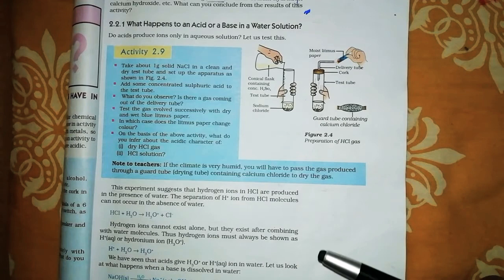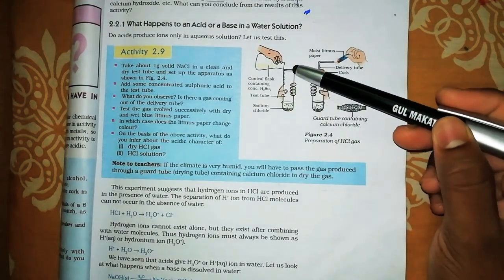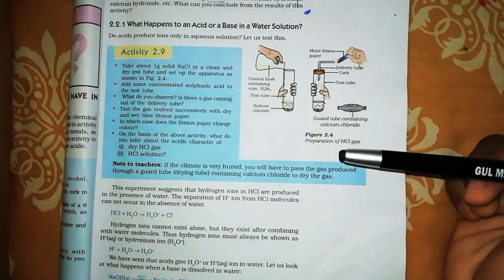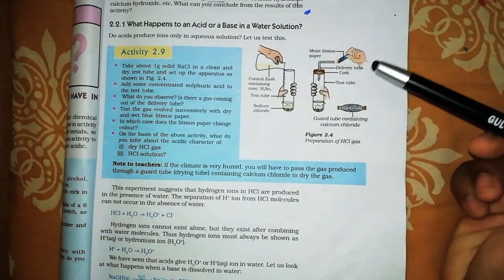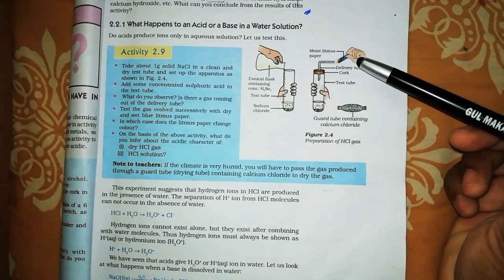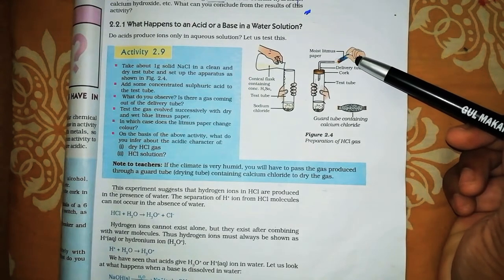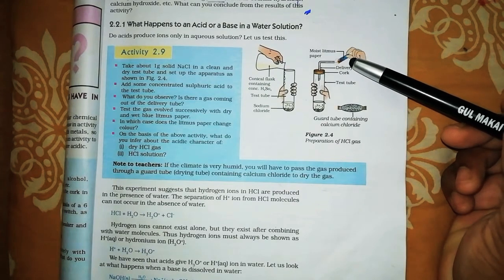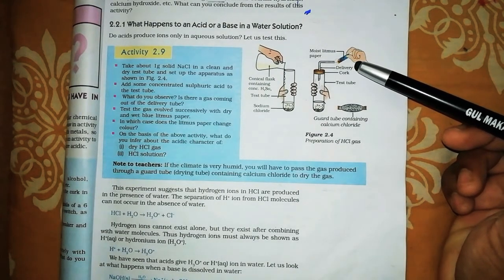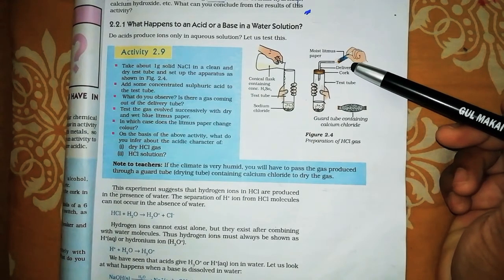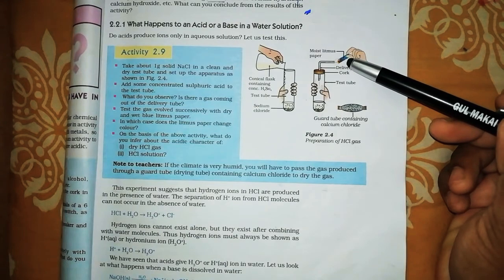You will observe a gas coming out from the test tube. So we pass that gas over a litmus paper. The very important thing is we should always take a wet litmus paper. You can try with both litmus papers, blue or red, but it shows the color change only in the blue litmus paper.